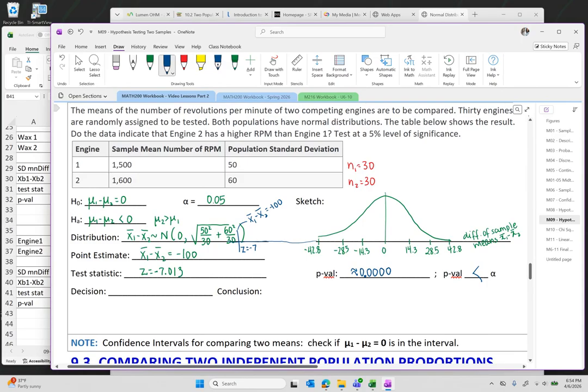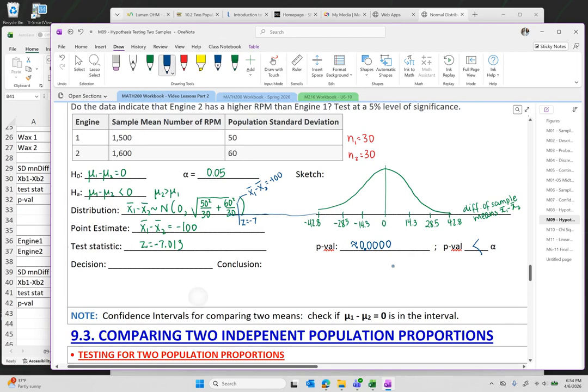It is very small compared to alpha, which means that having a difference of 100 RPMs is an extremely unusual situation or result coming from a theoretical distribution that implies that the two means are equal to each other and there is no difference between them. Therefore, this is a very unusual result.